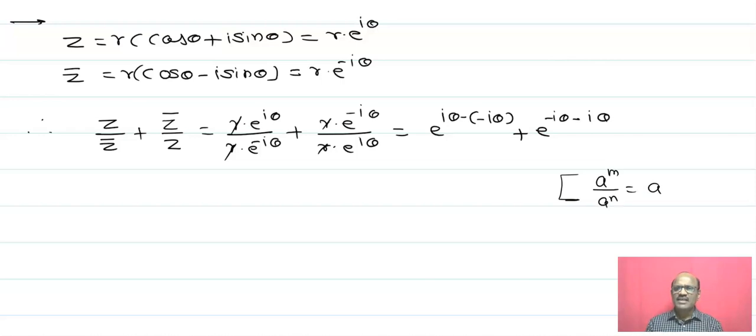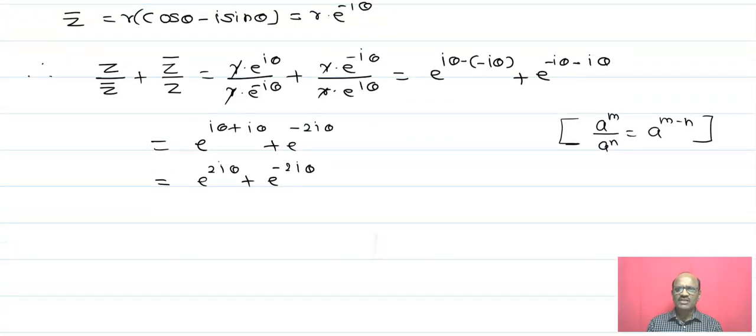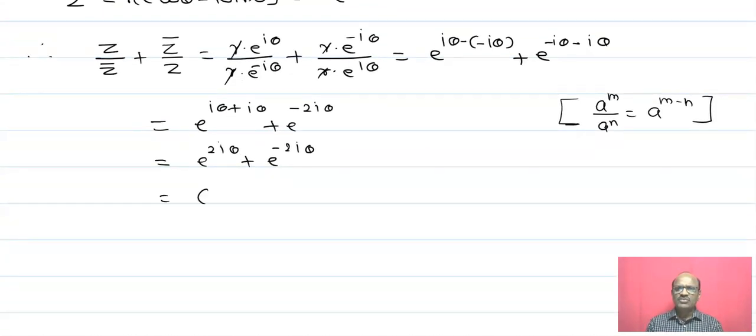You see this, a raised to m upon a raised to n is equal to a raised to m minus n, and in that manner we have done the calculation here. That is e raised to, that minus becomes plus, e raised to i theta plus e raised to i theta, that is e raised to 2i theta plus e raised to minus 2i theta.